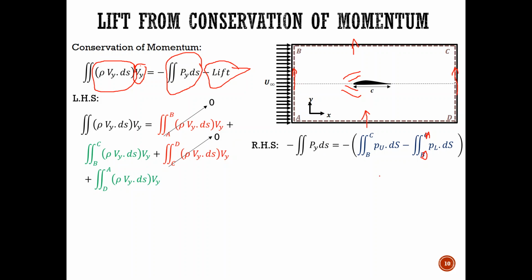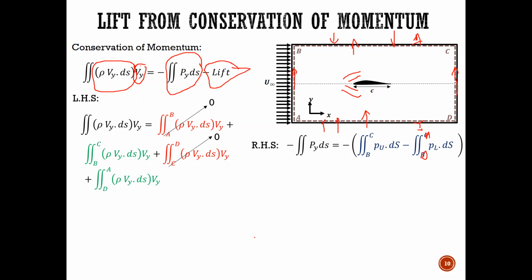All right. So once again, the negative sign exists because the pressure is always acting inward, right? That's the pressure acting inward. But looking at the direction of the unit vector, the first term will remain negative and the second term, the lift on the upper surface or the lower surface, will become positive. Okay.